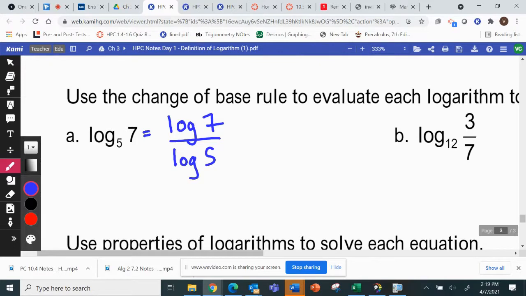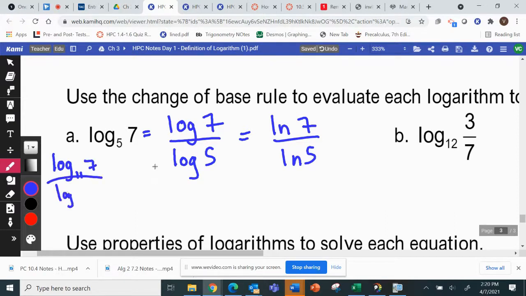It's the log base e, which is ln. So ln of 7 over ln of 5 is the exact same answer. And really, you could do any base you want, but there aren't a lot of bases that are convenient. Like we could do log base 11 of 7 over log base 11 of 5, and it will be the same answer. But that one's too complicated to type in.